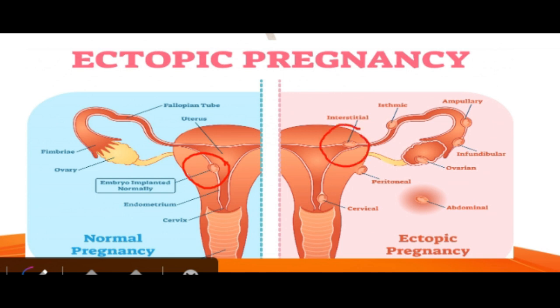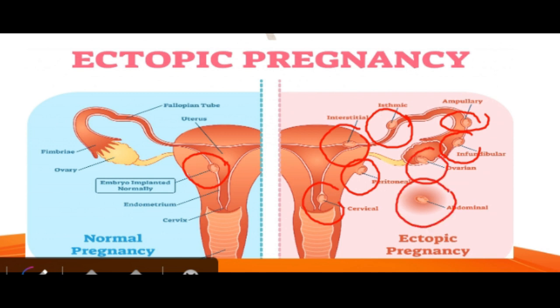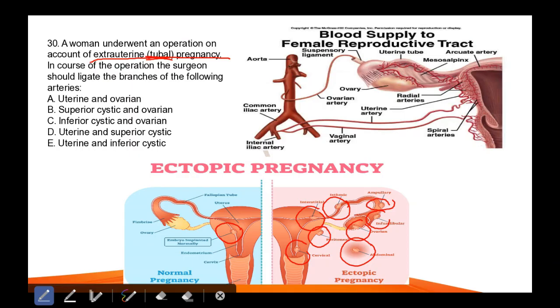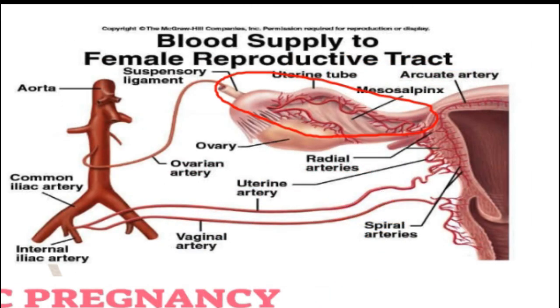But when we have an extrauterine pregnancy, it can be anywhere. It can be cervical, in the cervix, interstitial, it can be in the peritoneum, it can be in the isthmus of the fallopian tube, the ampulla, in the infundibulum, or even in the ovary itself, or abdominal. But here in this case, we're having a tubal, meaning here in the fallopian tube.